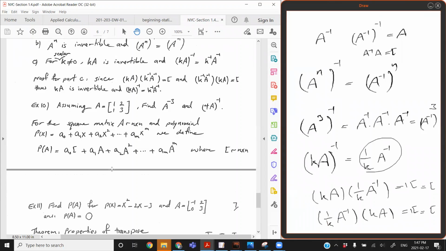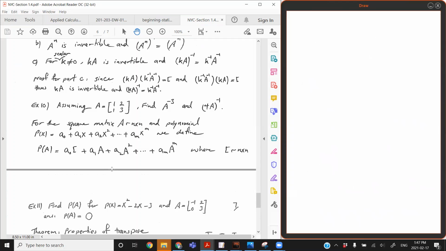Okay, example 10. Given A, find A to the negative 3 and 4A inverse. I'm going to give you some time to work on this one as well. Example 10. So you have A inverse, you have A, and you have a formula.